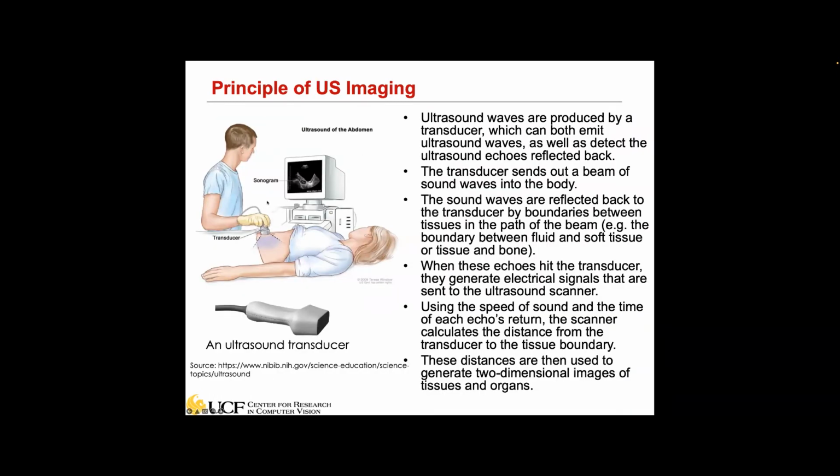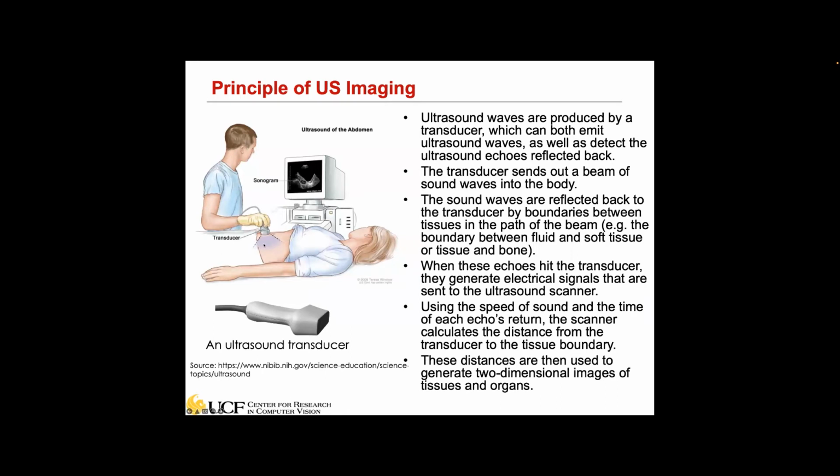Okay, so here on the left is a drawing showing this ultrasound imaging system. Oftentimes you will see the physician moving this, called a transducer, around your belly area if you are going for an OB check.